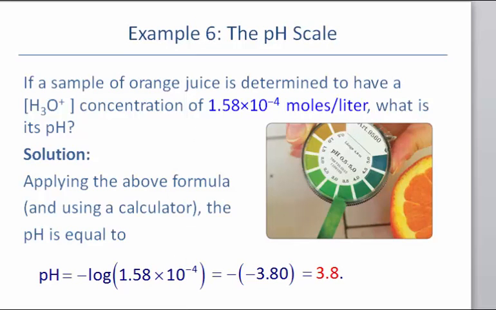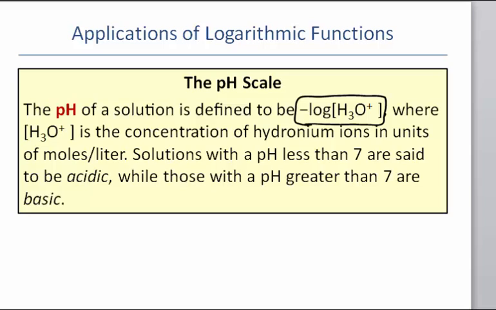A sample of orange juice is determined to have an H sub 3 O positive concentration of 1.58 times 10 to the negative 4 moles per liter. What is its pH? If we go back to our formula, we know that pH is this expression that I circled here.